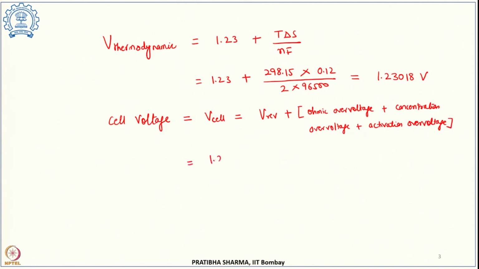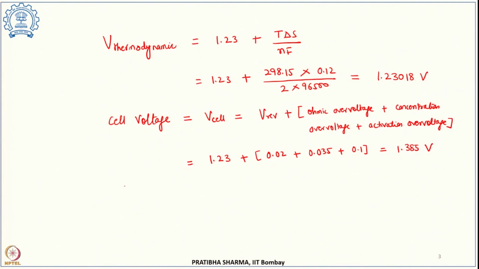Reversible cell voltage is 1.23 volt, and we sum up the rest of the overvoltages. So, ohmic overvoltage, the concentration overvoltage and activation overvoltage, and this comes out to be 1.385 volt.